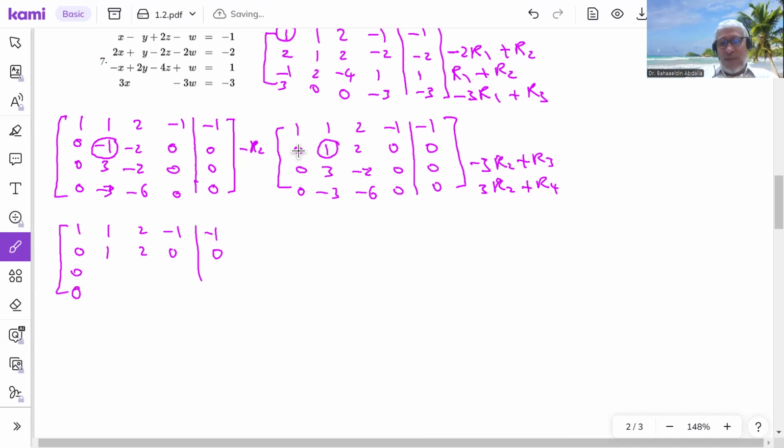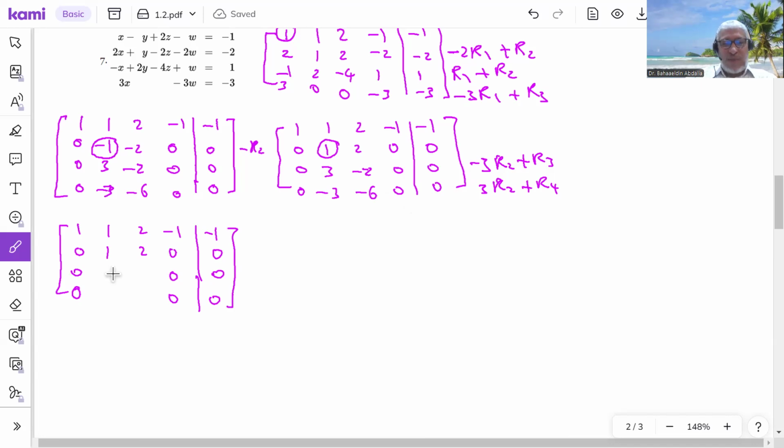Because if you multiply this 0 by -3 or by 3 or by any number, it would be 0. Add it to row 3, you will get the number in row 3. You understand? So nothing will change below this 0. Also, I have 0 here, so these zeros will remain the same. You can do the operation as usual, and you will get zeros here without any problem.